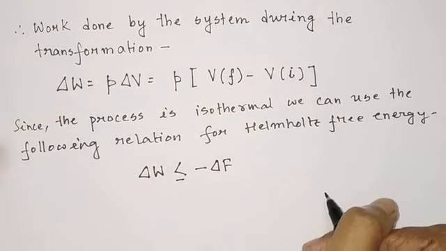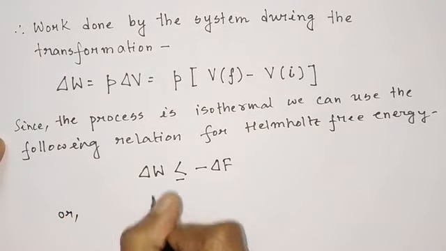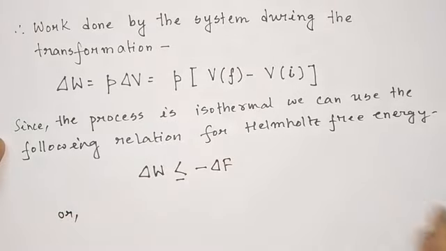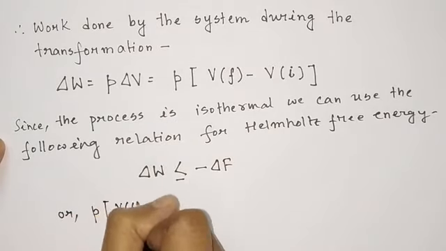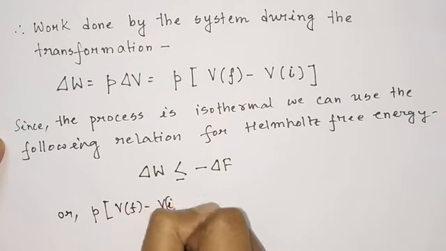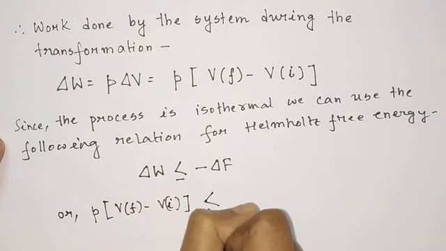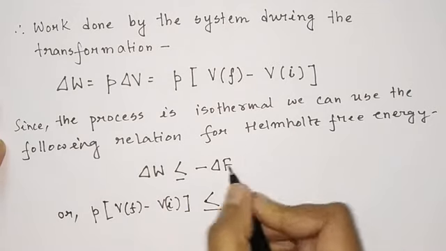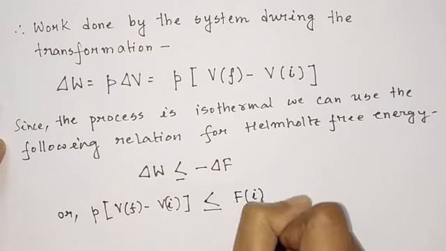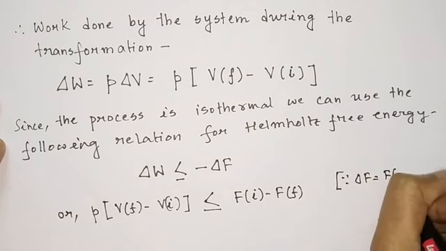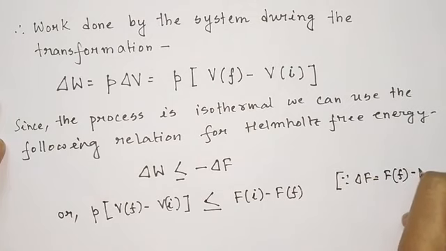Now let us put the value of delta W. It is P into Vf minus Vi. So P into Vf minus Vi is less than or equal to, what is minus delta F? It is Fi minus Ff, since delta F is Ff minus Fi.